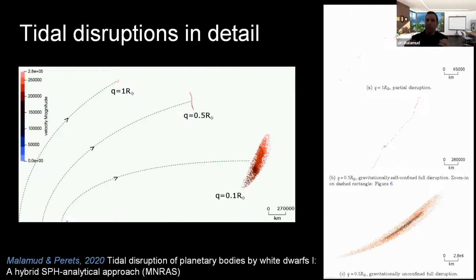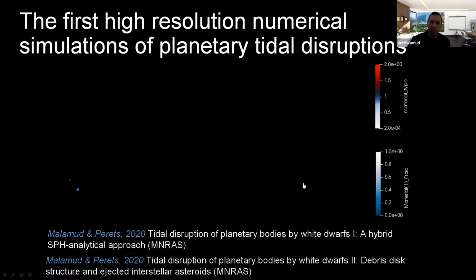So the hybrid model is a SPH hydrodynamical plus analytical model. What we do here is all of these calculations of tracking the fragments when they're far away from the star become redundant. You don't care about this. You only care that the hydrocode actually calculates the actual tidal disruption of these fragments.